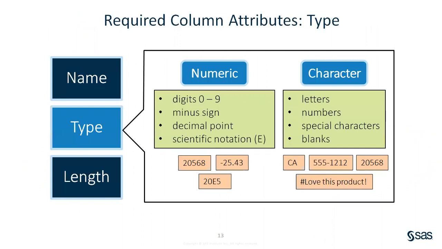So what is the type of column? In SAS, you have only two types of columns: numeric and character. Numeric includes all your numbers or digits from 0 to 9, minus signs, decimal points, and also the notation E, which is exponential.